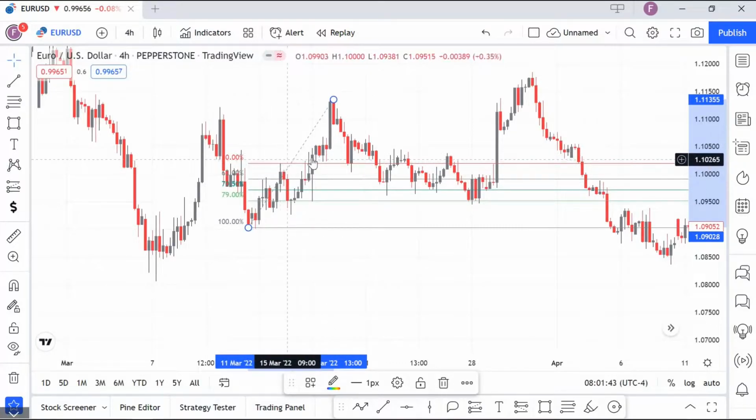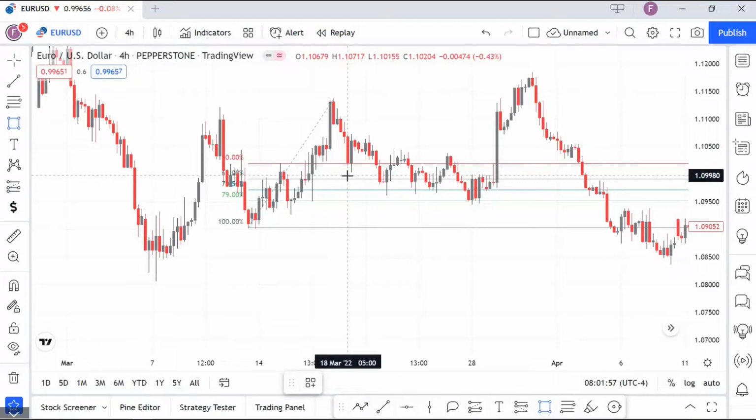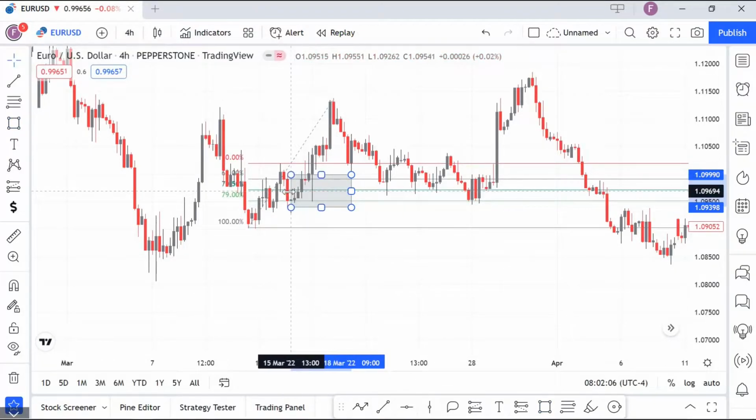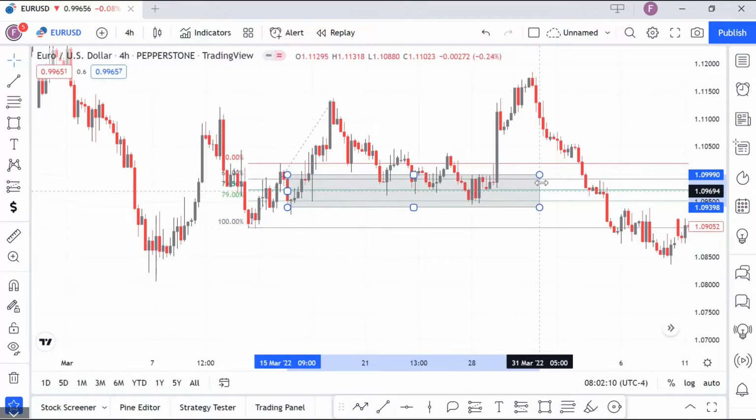We had a break of structure, and this break of structure, the last down candle before this move, was our order block. So this is our order block, this one. You have identified it, and you have used a Fibonacci tool to help you validate and put things in order.